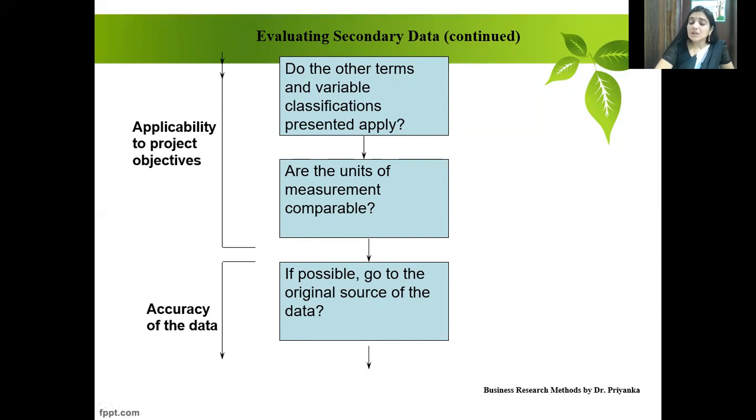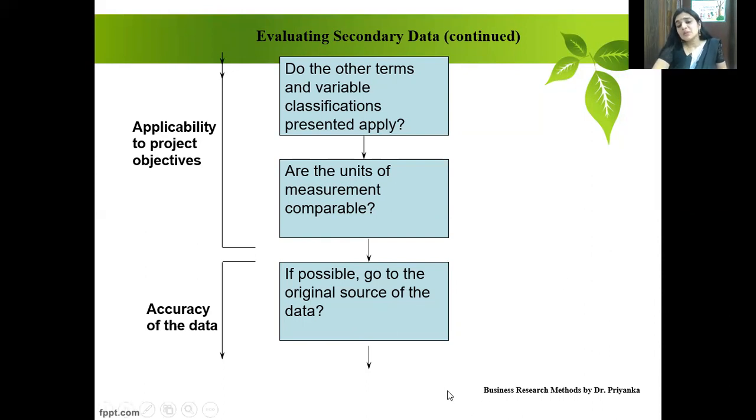Then whether data is accurate or not, that is also to be checked. How would you check it? If possible, go to the original source of the data and check whether the data is correct or not. For example, if a researcher has stated profit of a company somewhere, then you can go to the annual report of the company and check whether it is right or not.